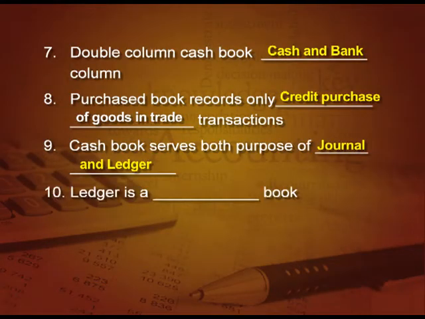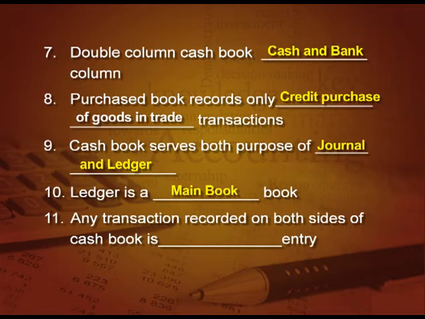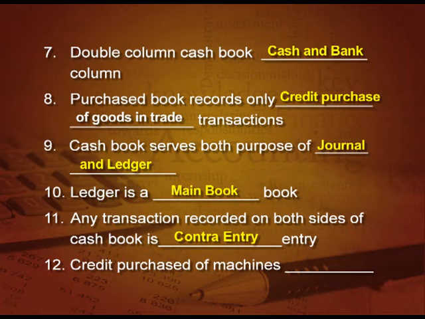Next, ledger is a blank book. Yes, it is a main book. Next, any transaction recorded on both sides of cash book is dash entry, contra entry. Next, credit purchase of machine will be recorded in, yes, journal proper.